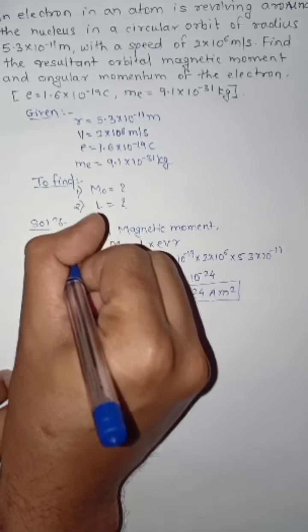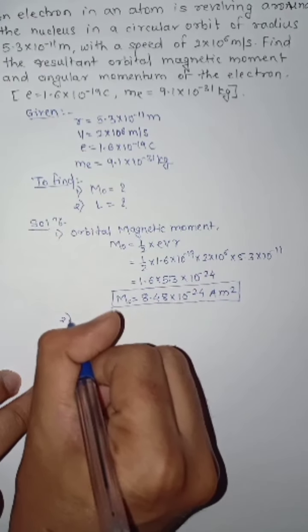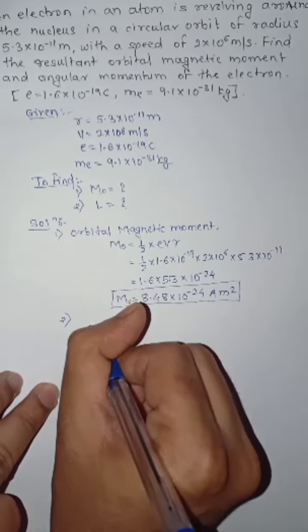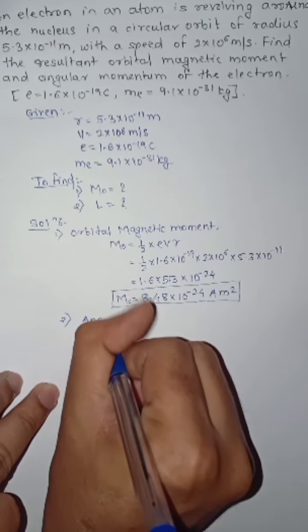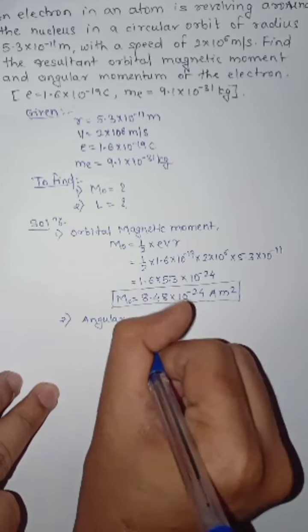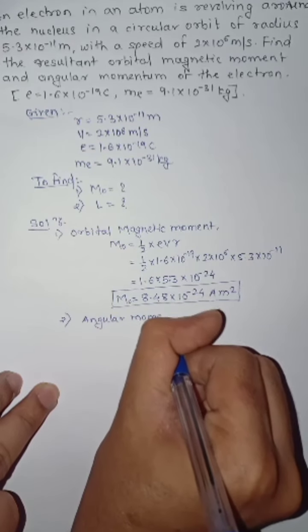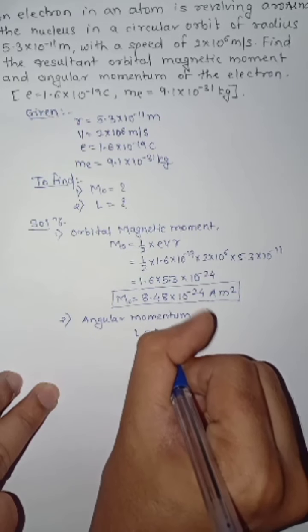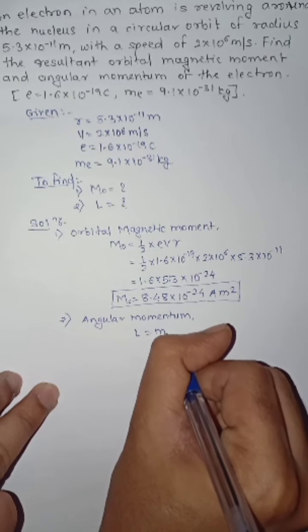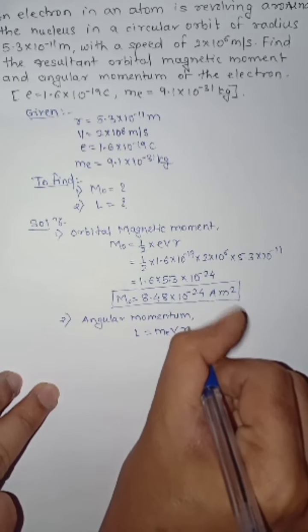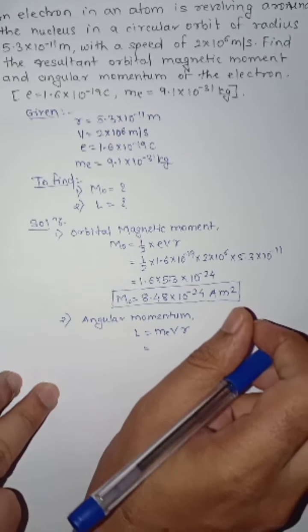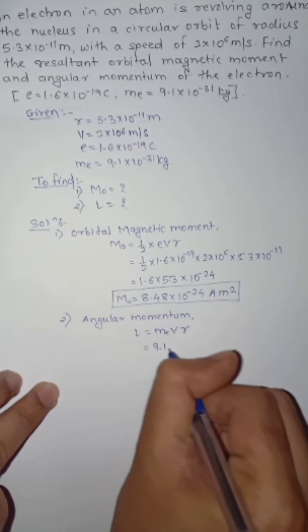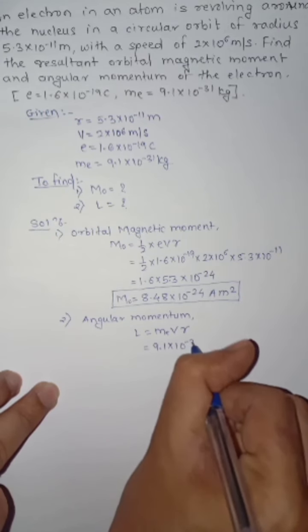Now second we have to find out angular momentum, and angular momentum L is equal to mass of electron into V into R. Okay, mass of electron is nothing but 9.1 into 10 raised to minus 31.